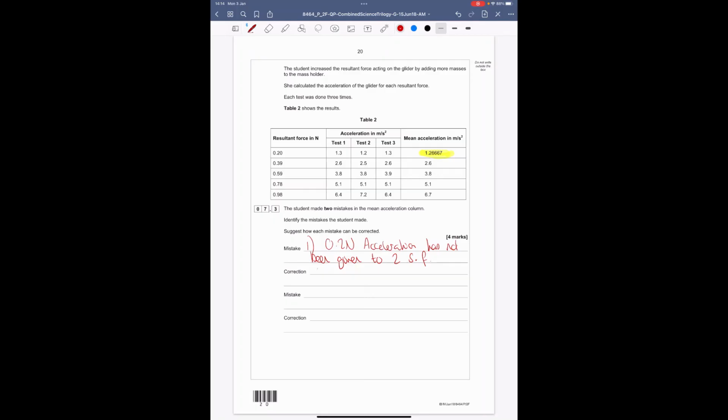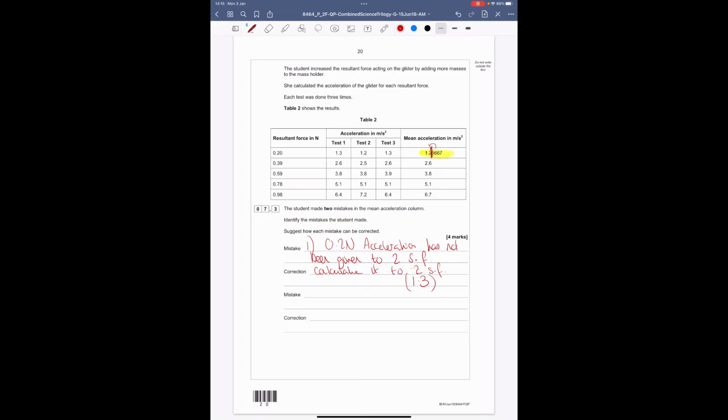Correction, calculate it to 2 significant figures, and in this situation, if it is 2 significant figures, the 6 is higher than a 5, so it would just be 1.3.